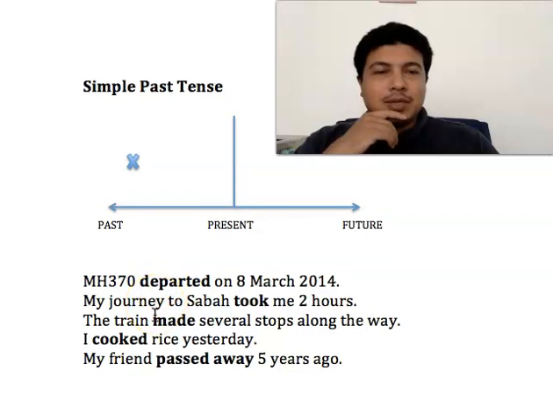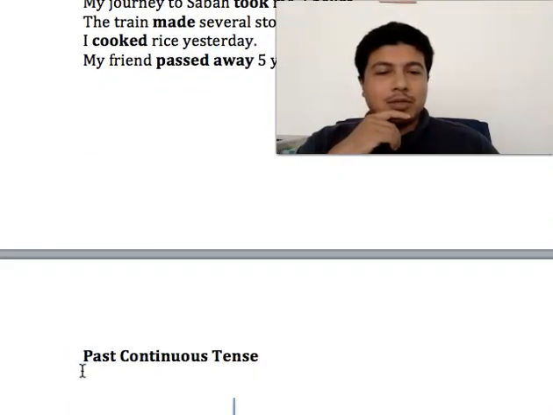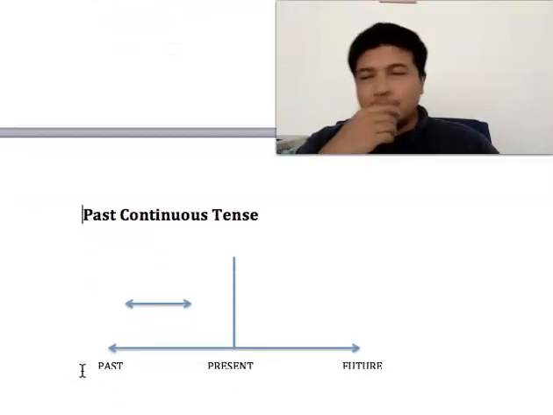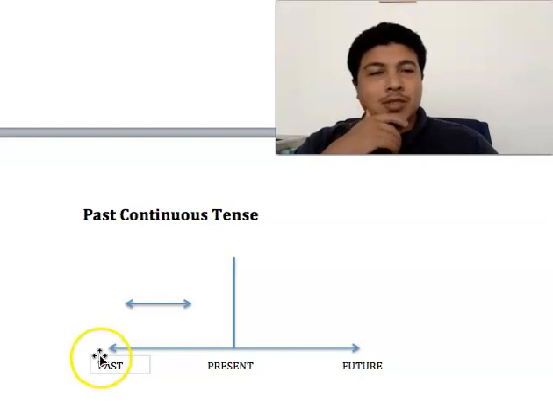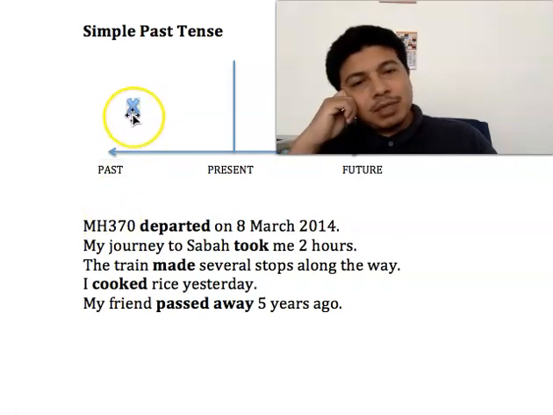Now let us take a look at past continuous tense. What is the difference between simple past tense and past continuous tense? Simple past tense happened one time in the past.